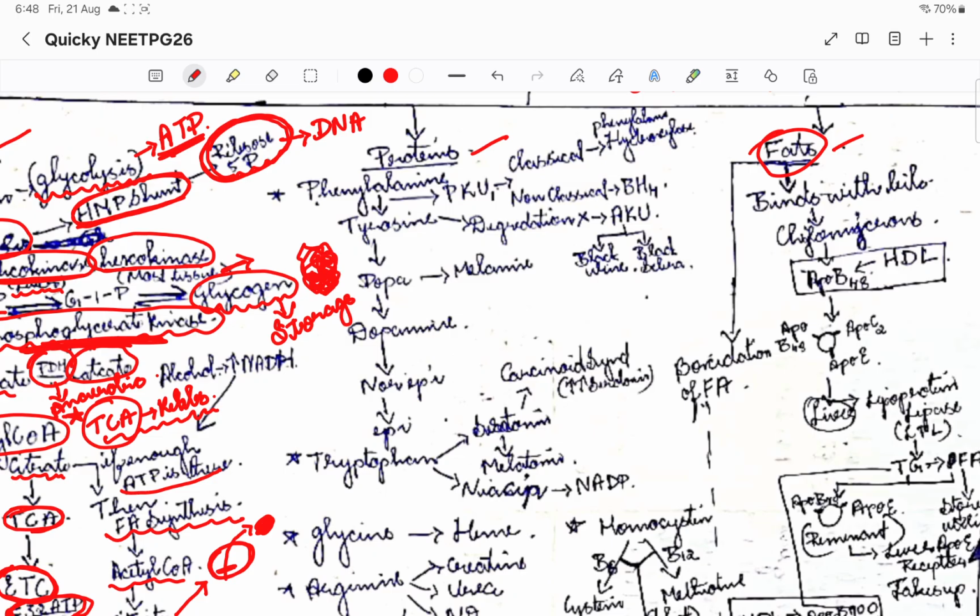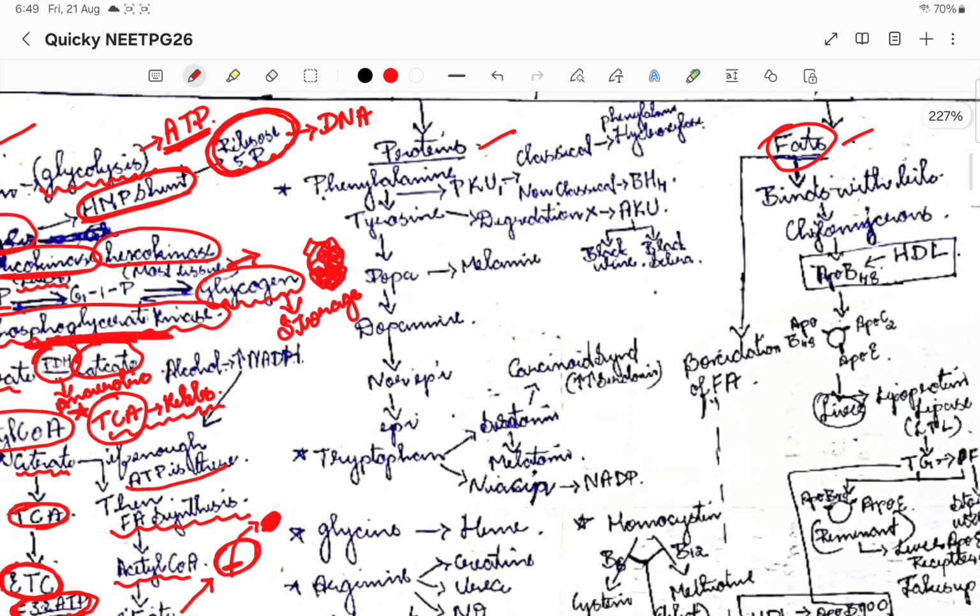Amino acids are of two types. One is essential amino acids, which are taken through the food, because these amino acids cannot be generated in the body, so that is why they should be given through the food. Whereas the non-essential amino acids will already be there in the body and they can be utilized as such.